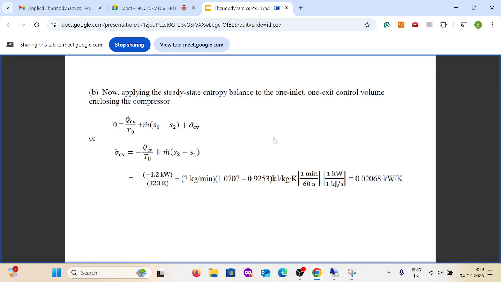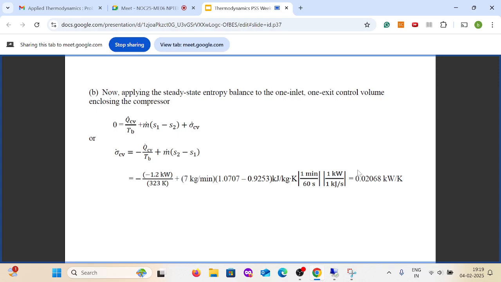Now applying the steady state entropy balance for the system. dS_CV by dt is 0, so Q_CV by the boundary temperature plus m dot (s1 minus s2) plus sigma, the entropy generated. So entropy generated is minus 1.2 kilowatt by 323 plus mass flow into the entropy change.